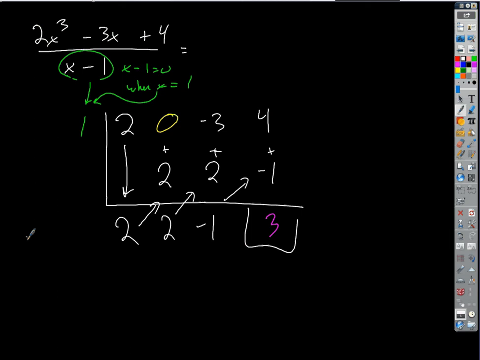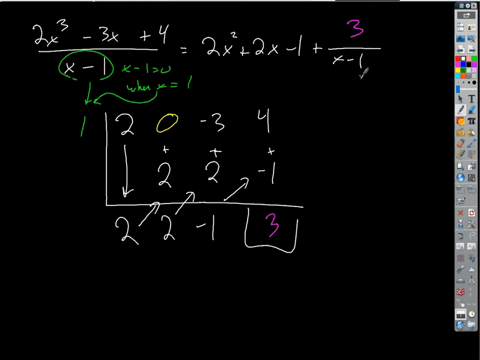We work our way from the constant up to higher powers of x each time, right? So we end up with 2x squared plus 2x minus 1 plus, what's my remainder? 3 over x minus 1. Yeah, that's it, right?